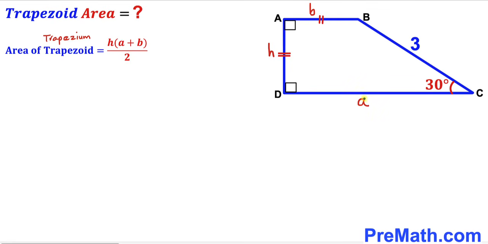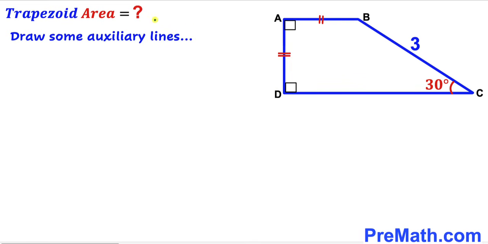So our task is to find this side length CD, this side length AB, and this side length AD as well. We are going to draw some auxiliary lines to make our job simpler.